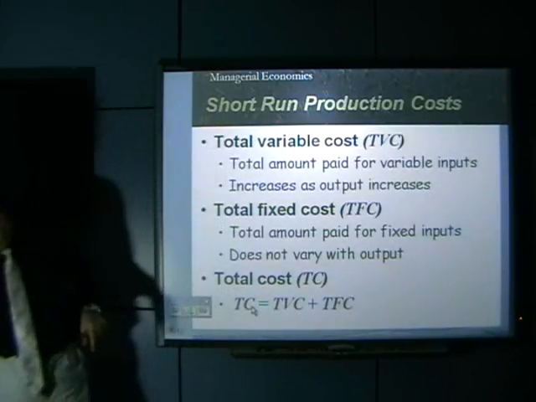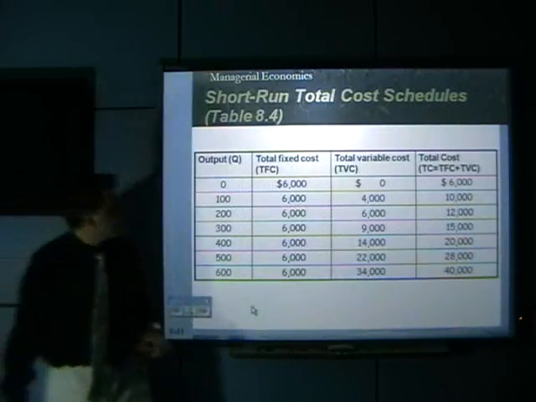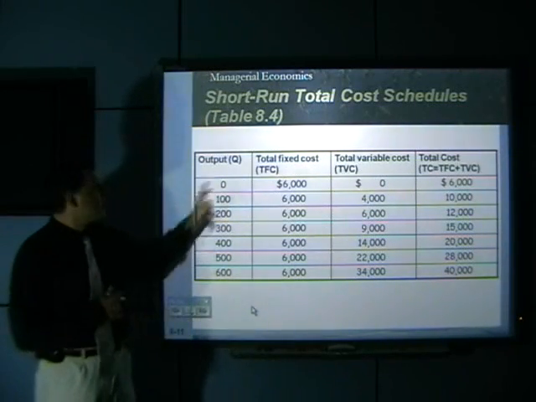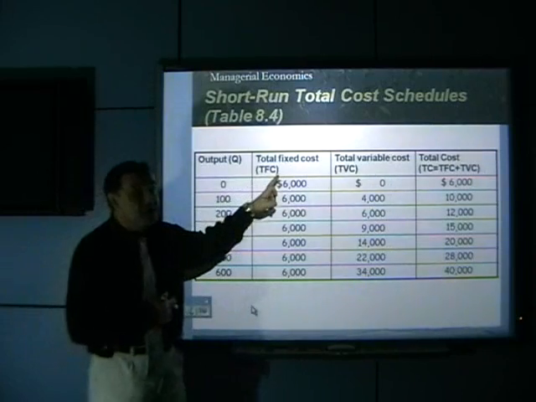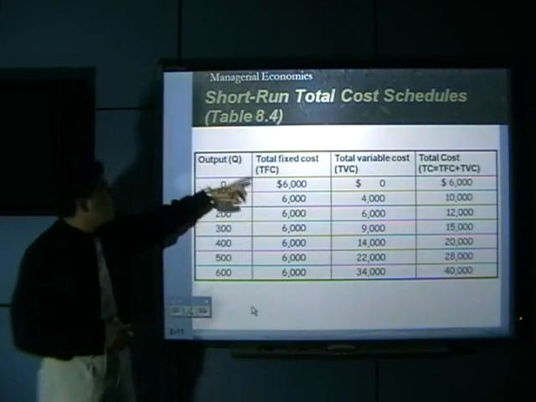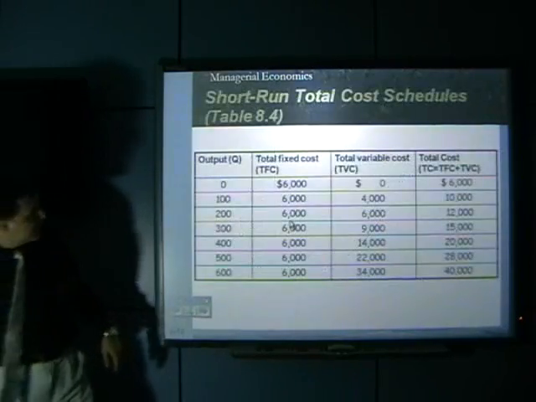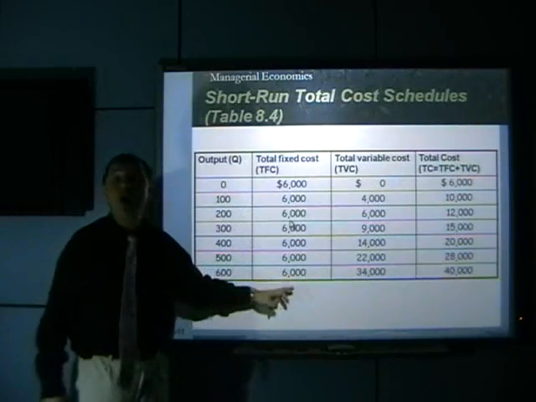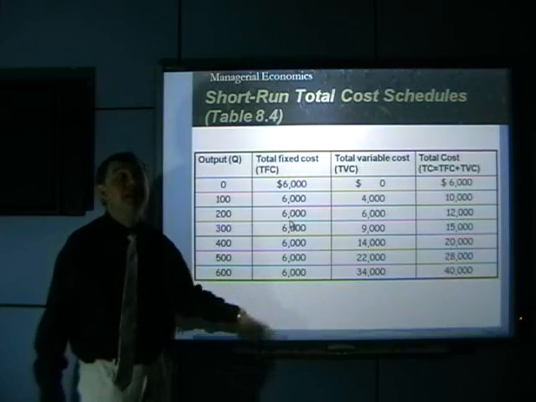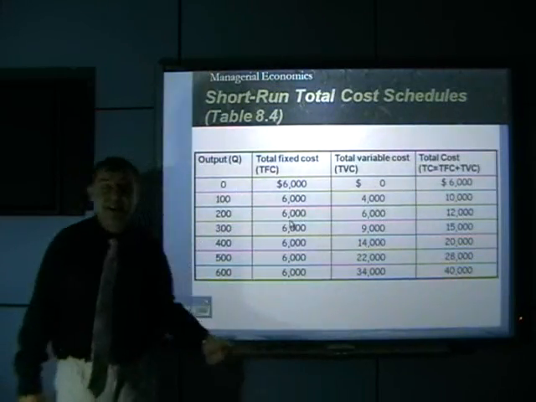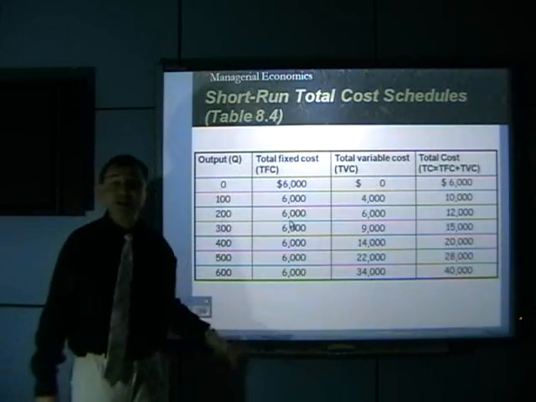So, this is what it is, and here is total fixed cost. See, total fixed cost, 6,000. Notice, 6, 6, 6, 6, 6, 6, 6, 6, all the way. It is always 6, exactly because it's fixed. If it wasn't fixed, it wouldn't be the same number.